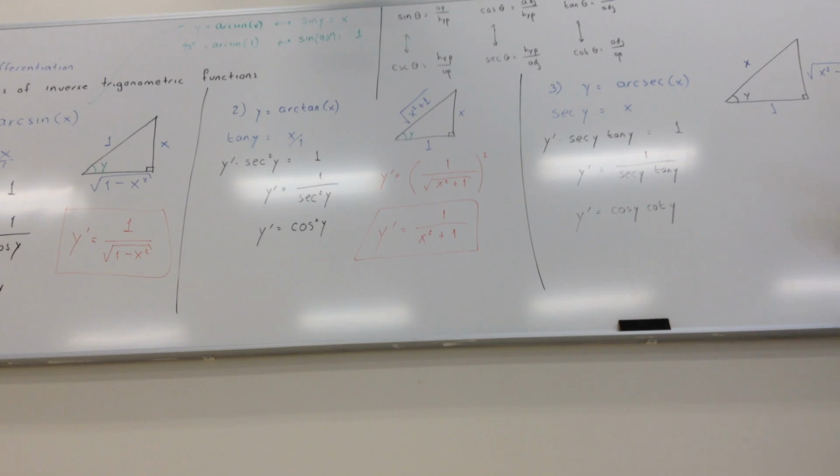So the final answer is going to be y prime equal to cosine, which from this triangle is adjacent over hypotenuse, times cotangent, which is adjacent over opposite. Simplify. So 1 over x square root of x squared minus 1.